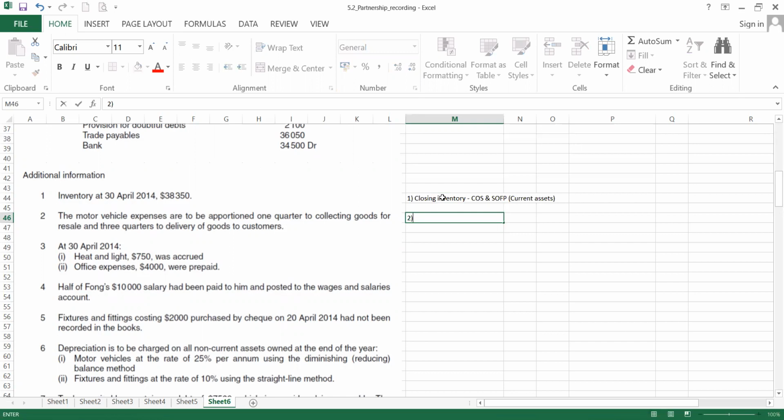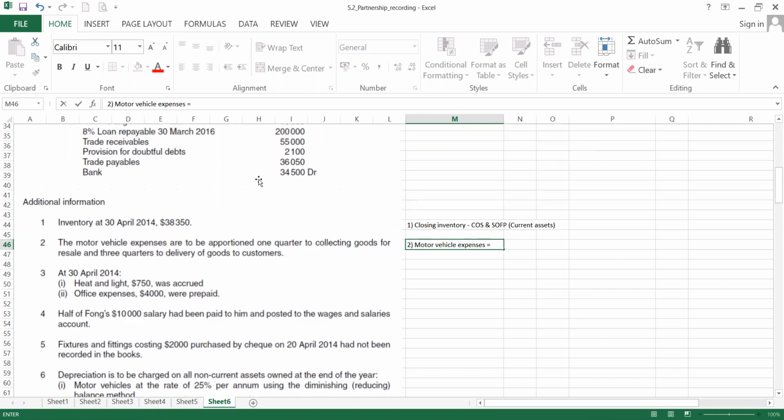Number 2, the motor vehicle expenses are to be apportioned 1/4 to collect goods for the resales and 3/4 to the delivery of the goods to the customer. So this one, motor vehicle expenses, the total amount from the trial balance.